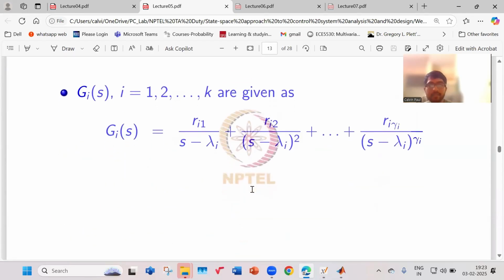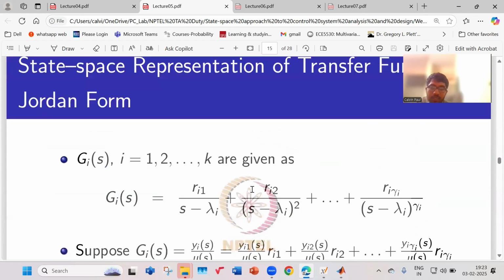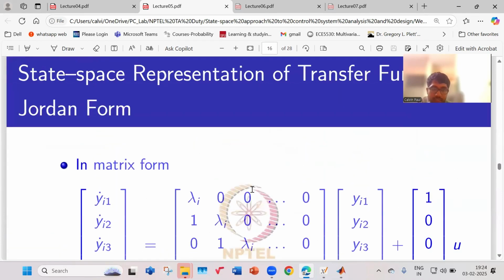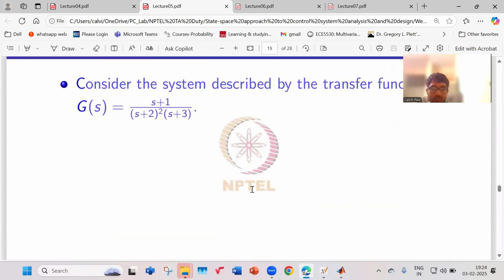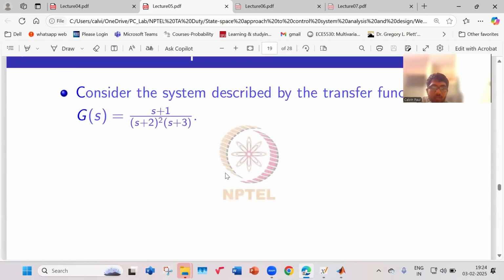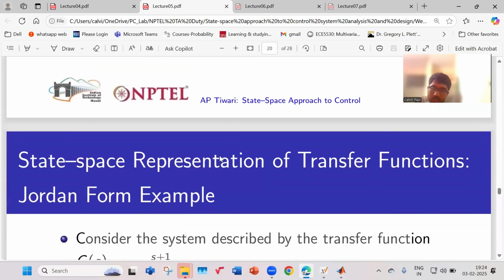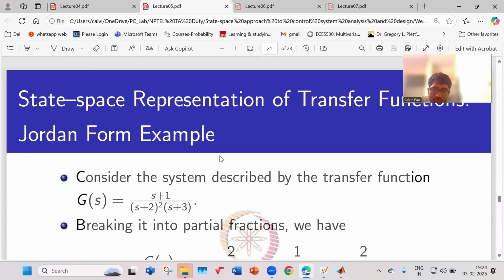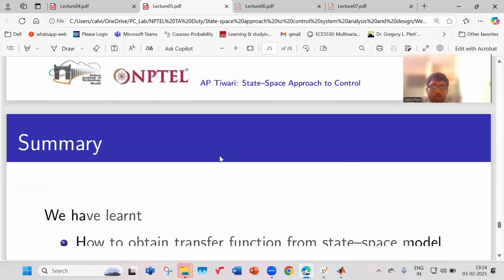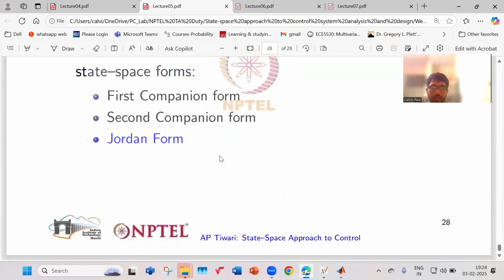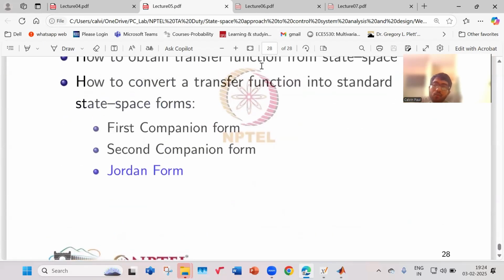We also did that. We solved one example, and sir also has solved this example. So we did a similar example, and we checked. We got the correct answer. So this is what sir taught in lecture 4 and 5: first companion form, second companion form, Jordan form, etc.